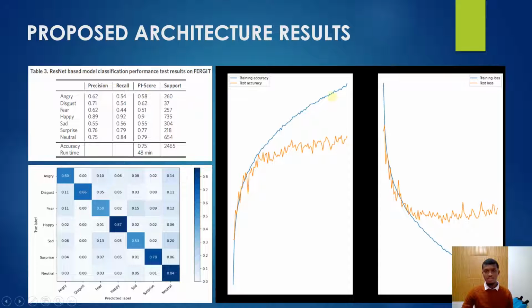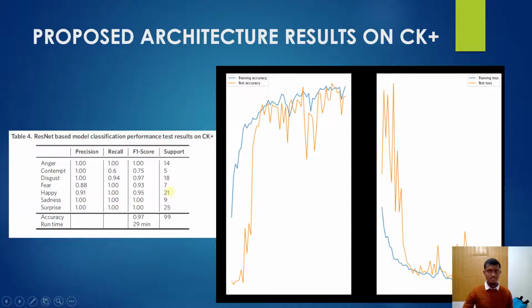At the end, we observed that there's a gap between the test accuracy and the training accuracy that shows a little bit of overfitting, but not so high. And the accuracy is slightly better, with 75%, than the previous one.